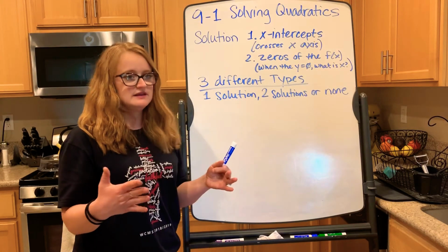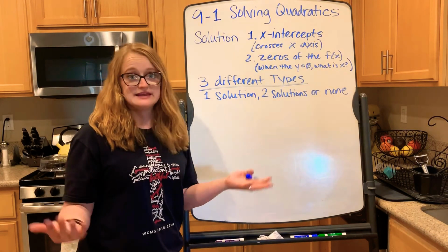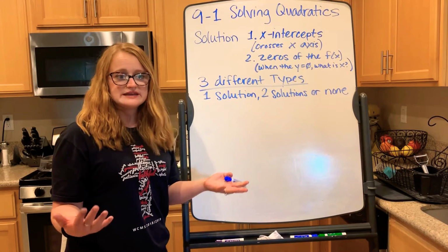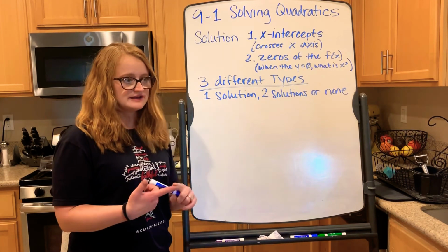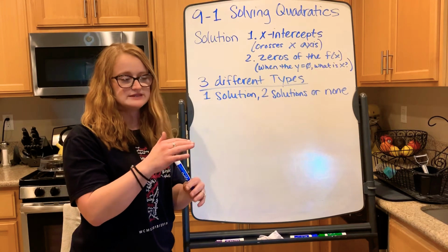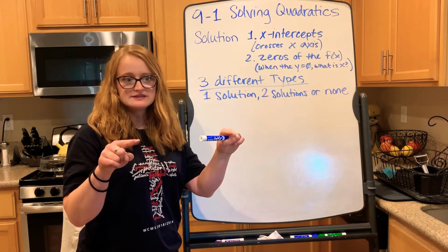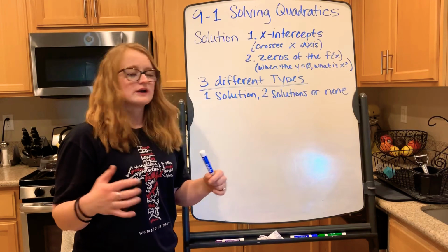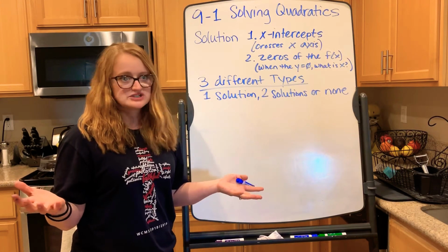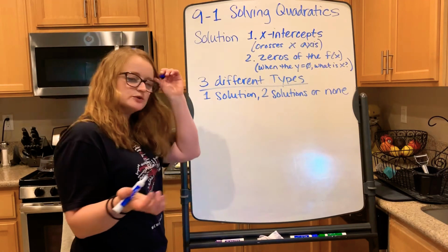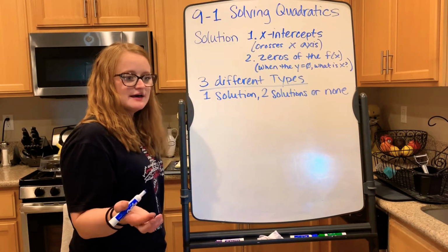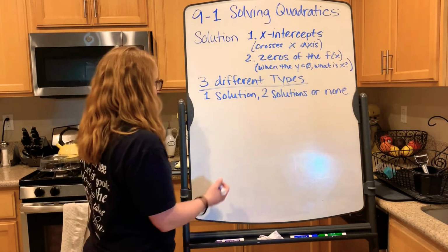Just type in the exact equation, and then it gives you the graph, and all you're doing is looking at where it crosses the x-axis. Does it sit on it, or is it on the top? Does it only hit it once? Is there two places where it hits the x-axis, or does it not cross at all, in which case there'd be no solution?